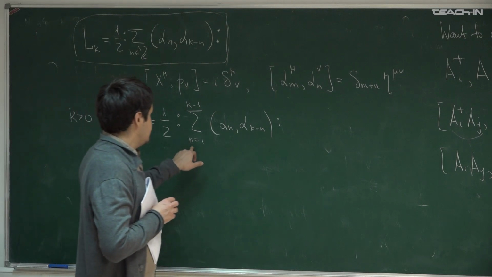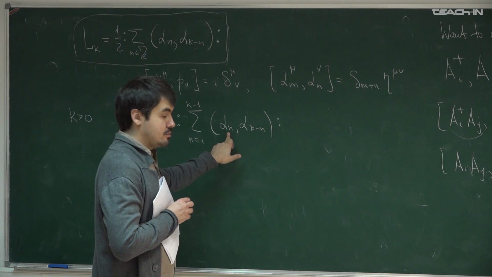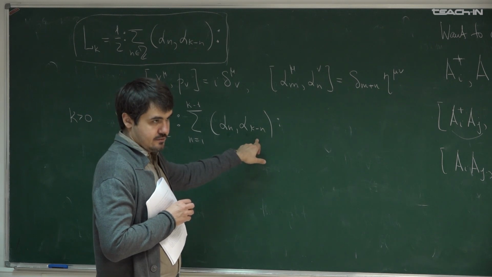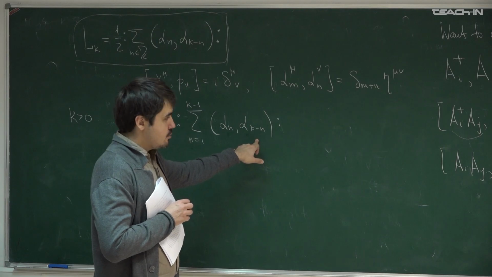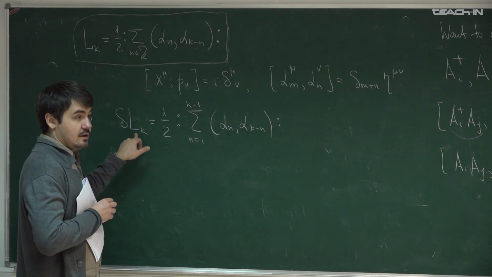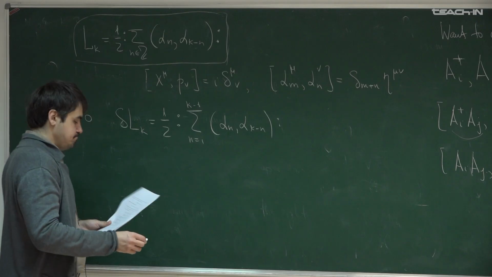You see in these terms, both are annihilation operators, so both have positive subscript. And accordingly, for negative k, you have a piece where both are creation operators.